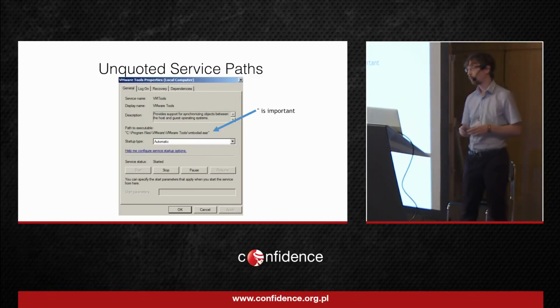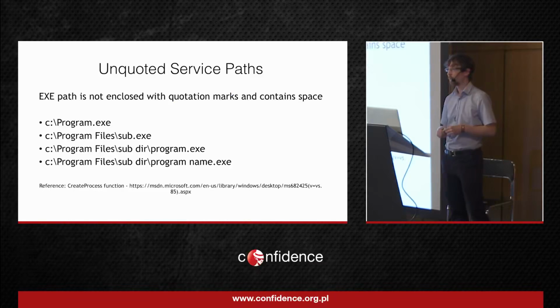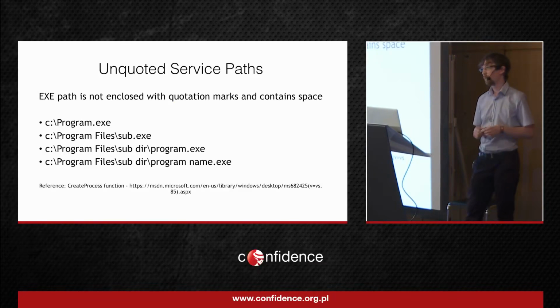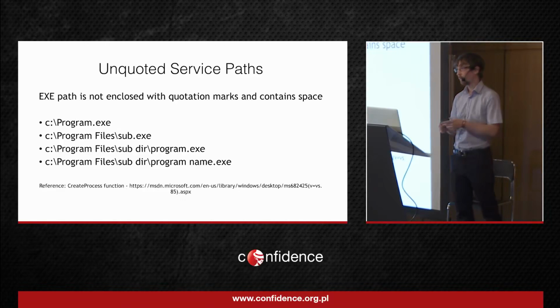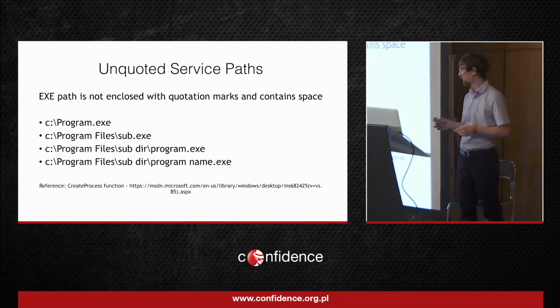But let's think about what happens if there are no quotes and the path contains a space. Then the operating system doesn't really know which part of the path is the real executable and which part is the arguments which should be passed to it. So Windows tries different files in this order.